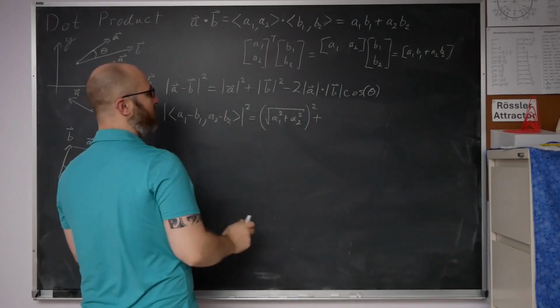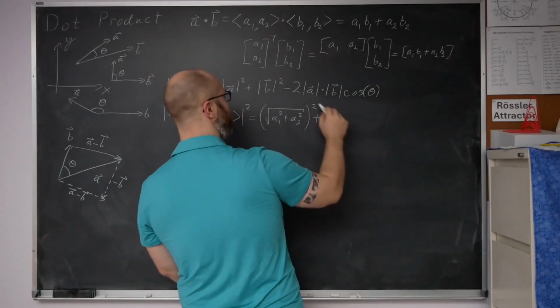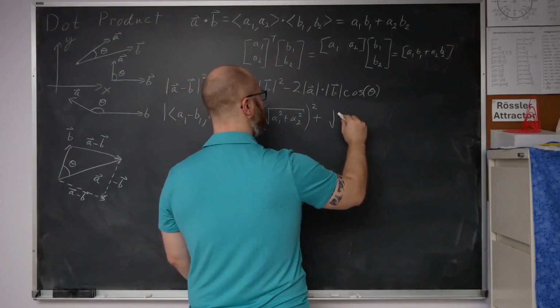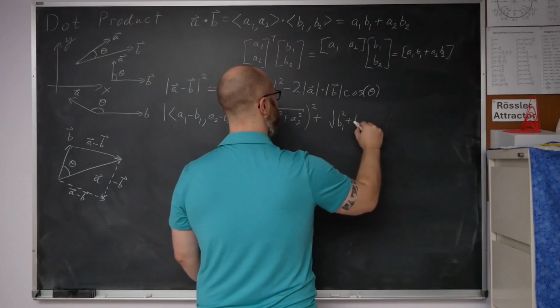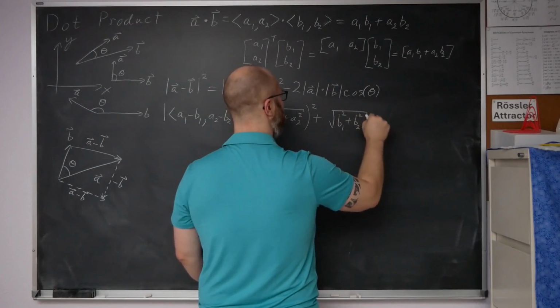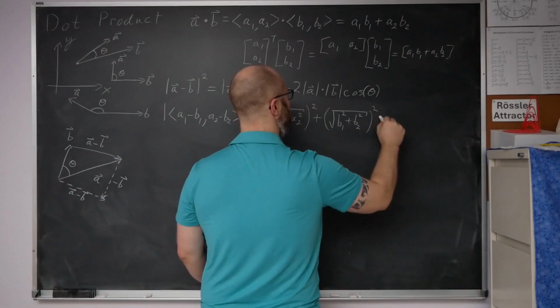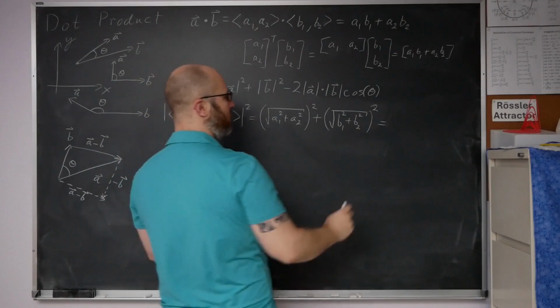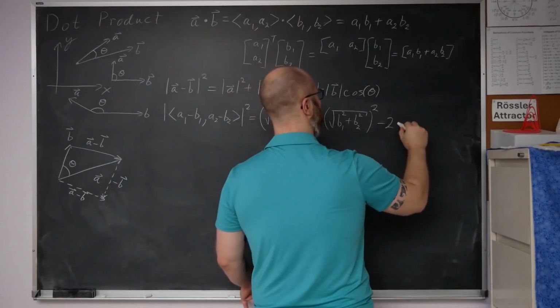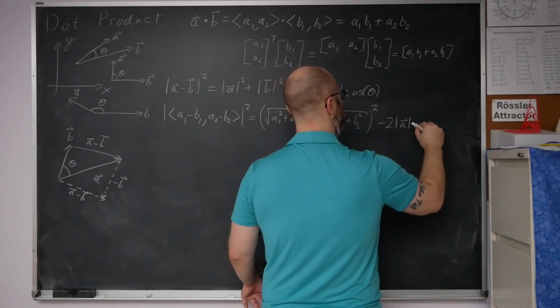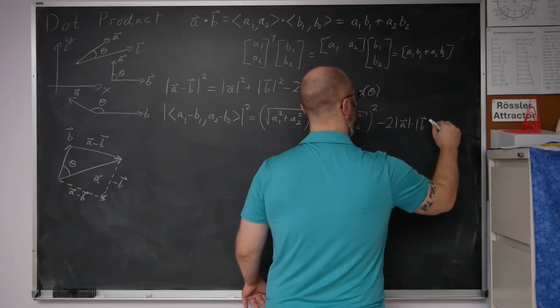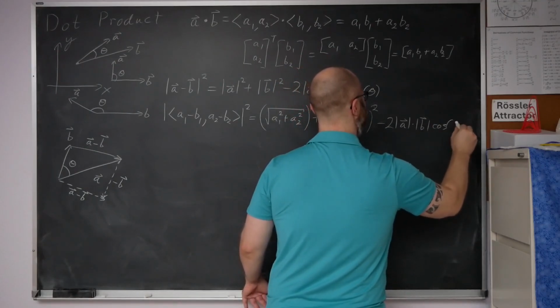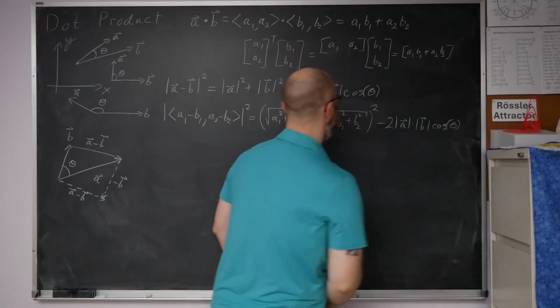Then same thing for B: the magnitude of B squared is the square root of B1 squared plus B2 squared, the whole thing squared. And we're going to leave this last part alone, the minus 2 times magnitude A times magnitude B times cosine of that angle that we're looking for.